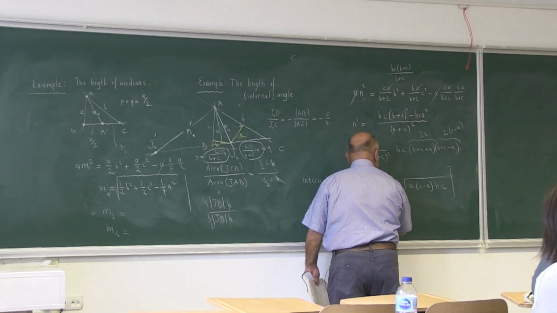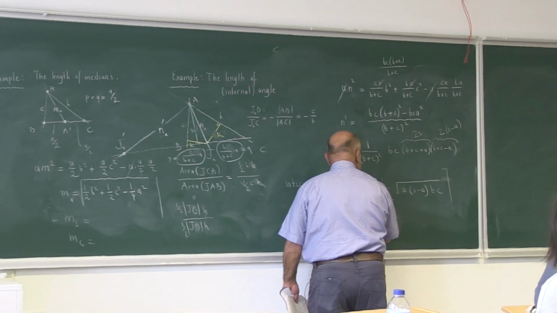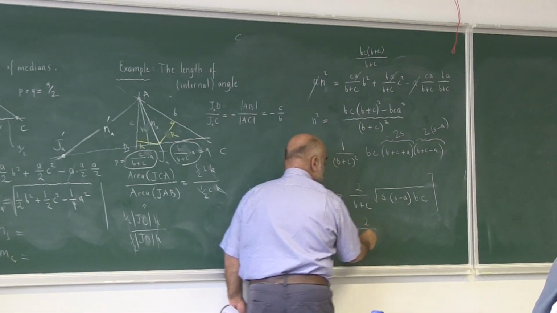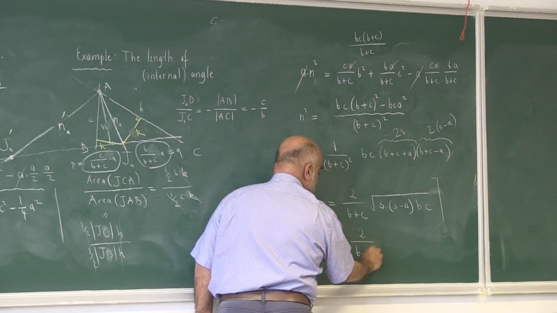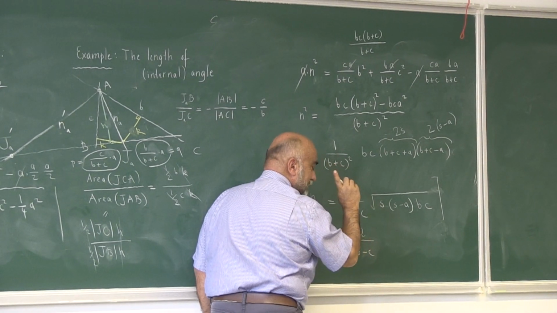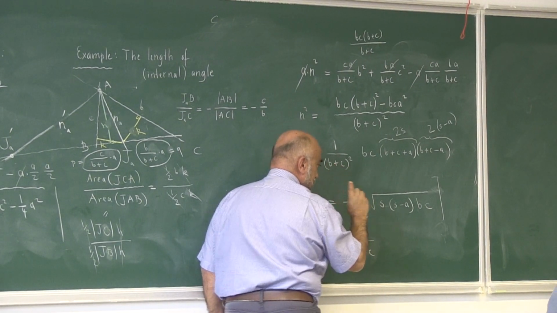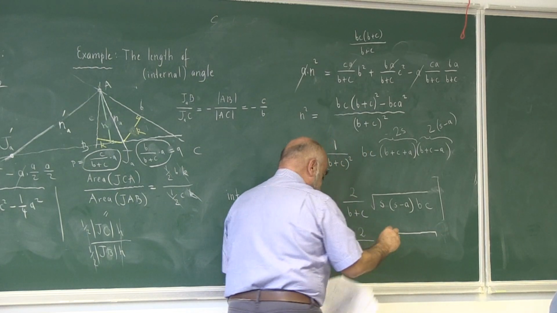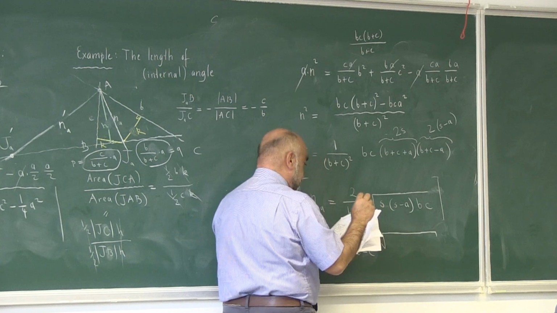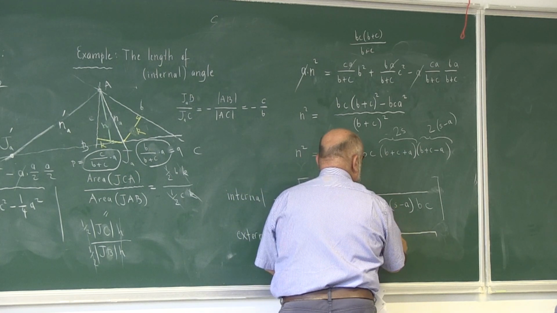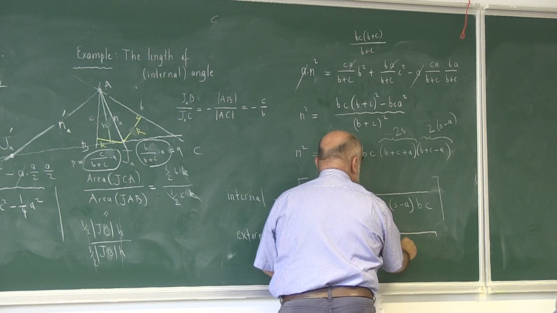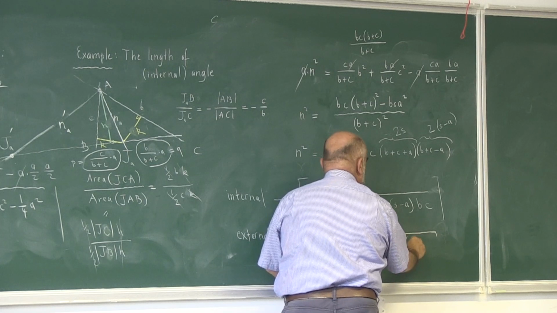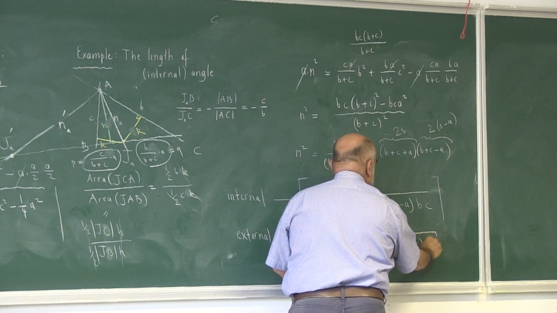It is 2 divided by not b plus c, but b minus c. I'm making a deliberate mistake. Square root. Instead of s minus a, this time you have got s minus b, s minus c, and bc.